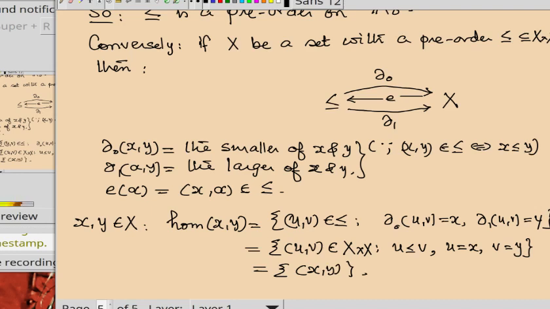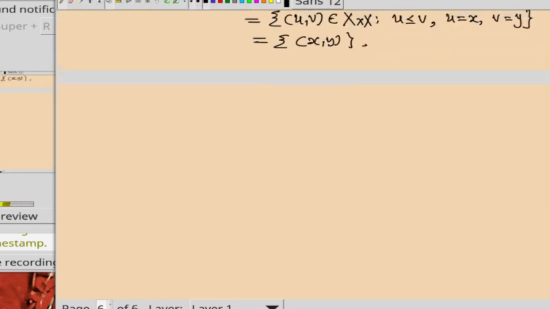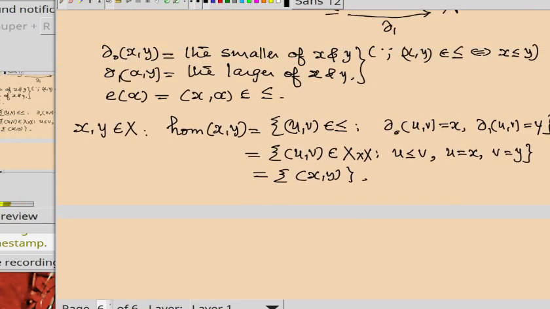So in other words, therefore, Hom of xy, I can write it here, will be this. Well, this is true if x is less than or equal to y.